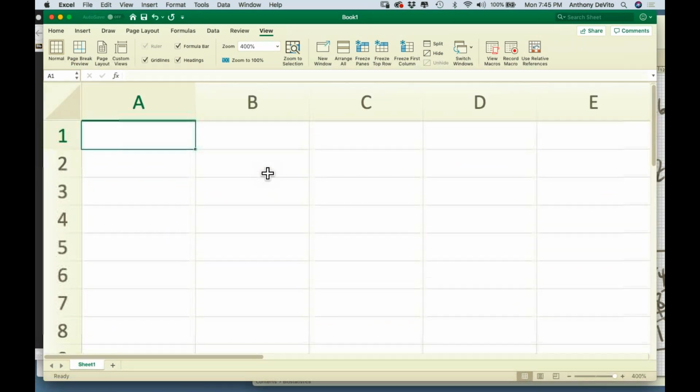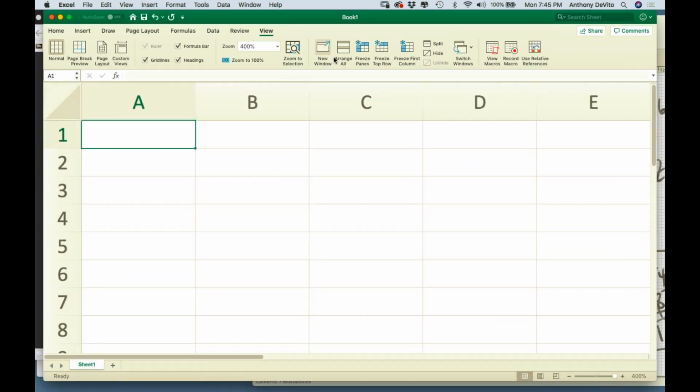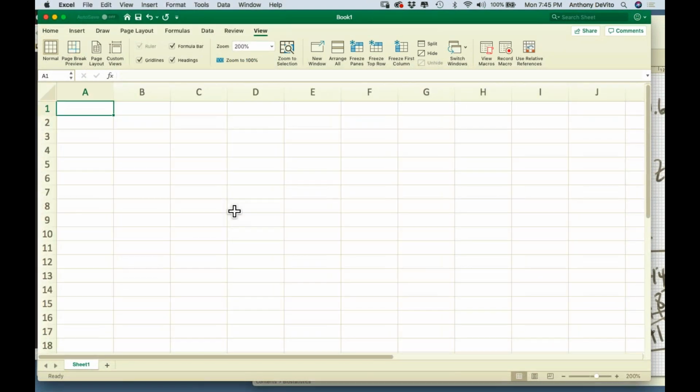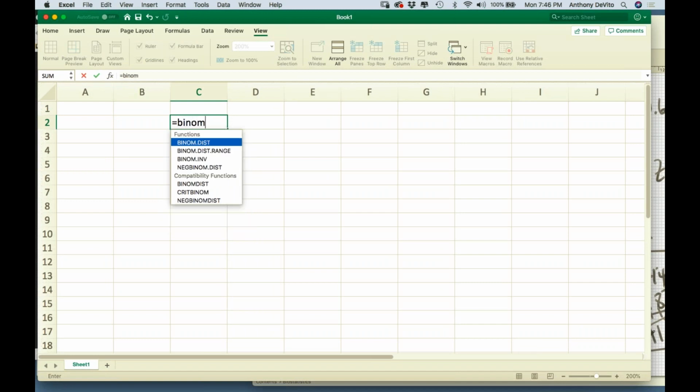Okay, so I'm going to maybe make this just a little bit smaller. Okay, I think this will work out a little bit better for us. So we have a function in Excel called BINOM.DIST, binomial distribution.